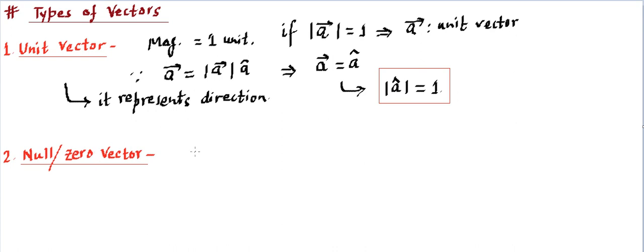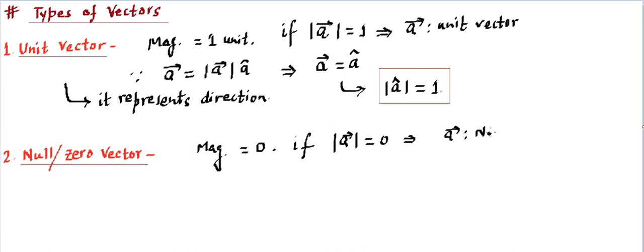A vector is said to be a null vector or zero vector when the magnitude of that vector is 0. So if we are getting 0 magnitude, that vector is known as a null vector or zero vector. If the magnitude of a vector is given to us as 0, we will claim the vector is a null vector, or you can call it a zero vector.